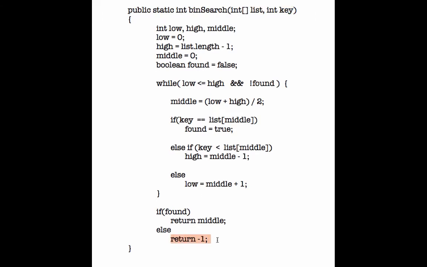So returning -1 in programming, in computer science, is a convention that says if you're searching an array and you return -1, that translates to not found. You're probably familiar with some methods of different classes that return -1, and all of them are used to indicate failure.